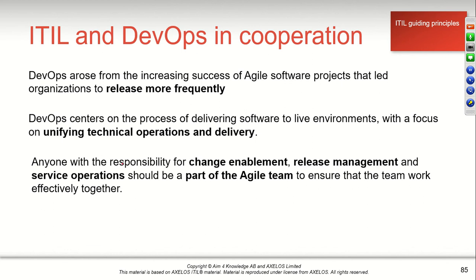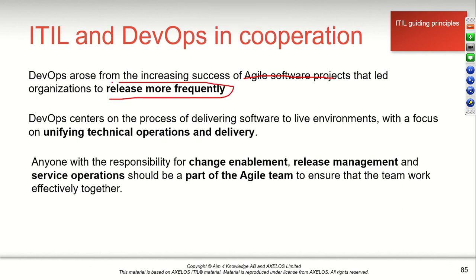Okay, ITIL and DevOps in cooperation. DevOps arose from the increasing success of Agile software projects. That is, DevOps actually came out of the success that was achieved using Agile software projects, which of course leads to more frequent releases.